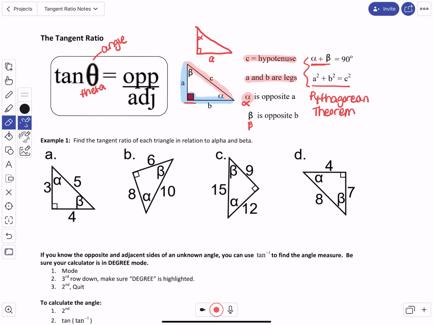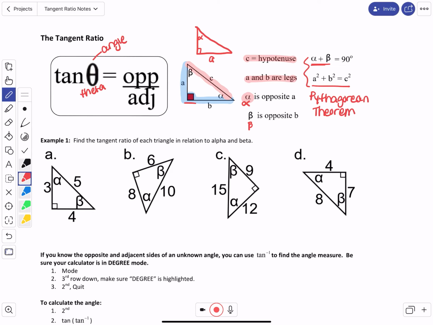So first, in example 1, we are going to just practice finding the tangent ratio and practice figuring out what opposite and adjacent mean, what opposite sides and adjacent sides are in relation to the tangent angle. Okay, so example 1: find the tangent ratio of each triangle in relation to alpha and beta.